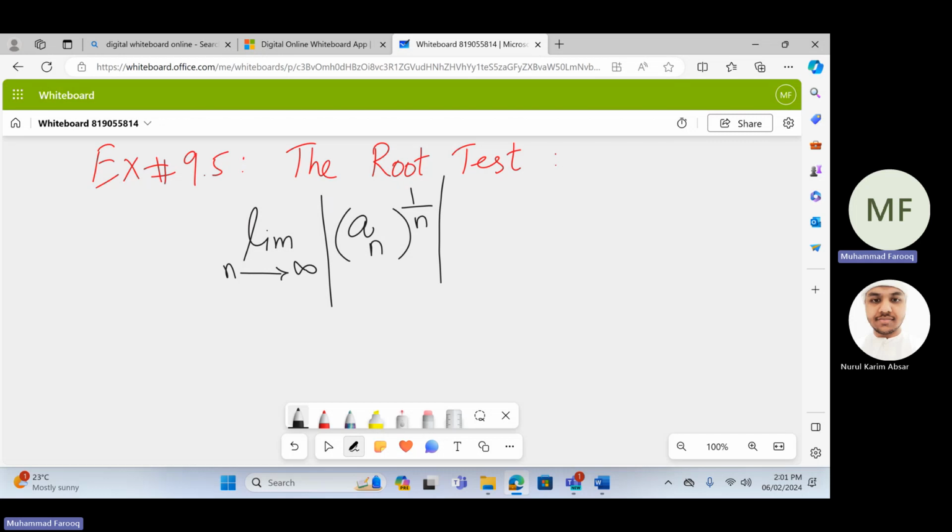Now, if this calculation answer is less than 1, this series converges. Actually, the rule is the same as the ratio test. Greater than 1, the series diverges, and that's all.